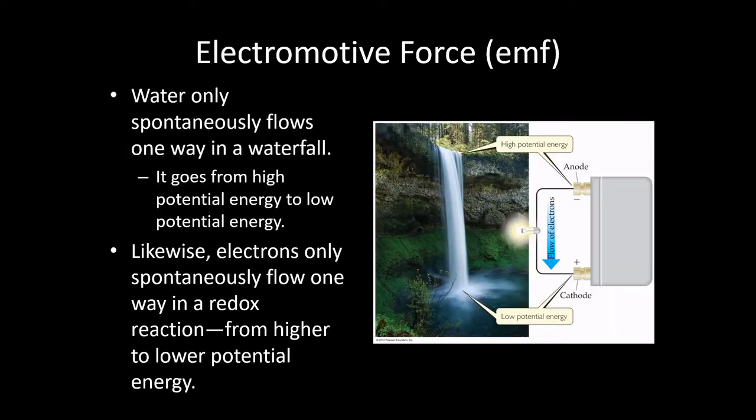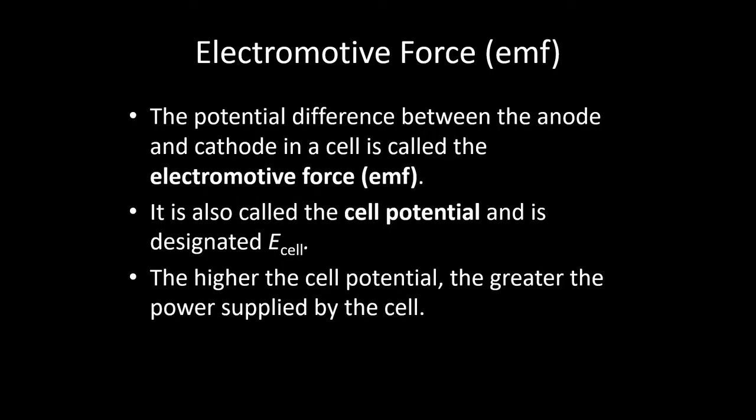It's essentially the potential difference from the anode side to the cathode side of the cell, or to go again with the analogy from the last video, it's the height of that waterfall. It's how far, in terms of potential energy, the electron gets to fall, going from one side of the cell to the other. So the larger the cell potential, the more power that is supplied by the cell.